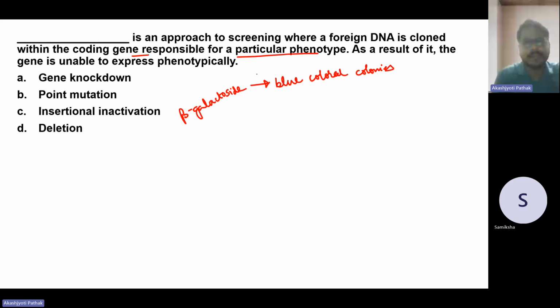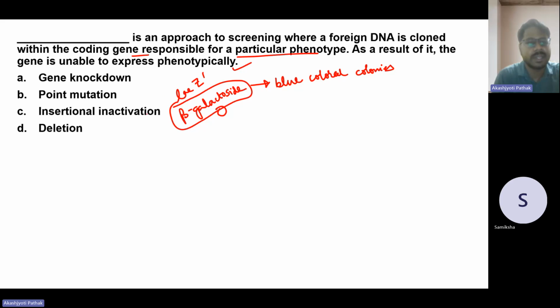Now you have cloned your gene of interest within this coding region. So what has happened? This gene, or this lacZ dash that we were discussing just now, will get inactive. So the gene is unable to express now.